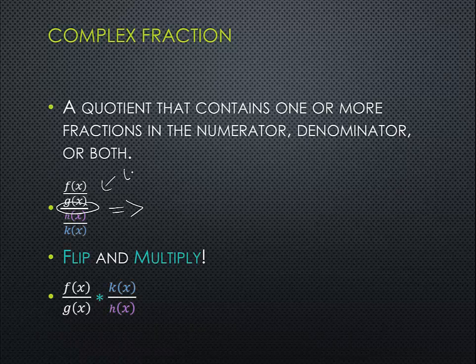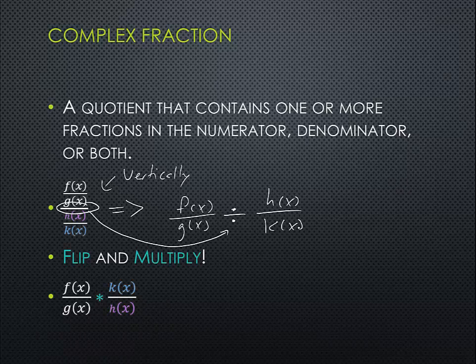So rewriting this horizontally, we'll have f of x over g of x, and then divided by, because this sign here means divided by, h of x over k of x. That's pretty much it. And then you just flip and multiply, and you'll get f of x over g of x times k of x over h of x. Done.